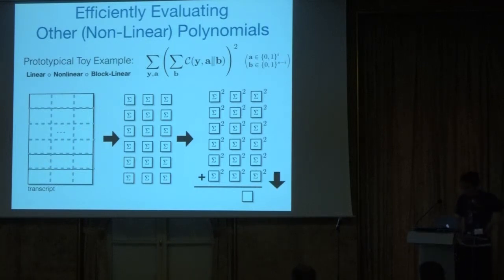Okay, so this is just to make sure that we're all on the same page about what this kind of polynomial looks like. And the algorithm that's actually depicted on this slide for computing this polynomial would not satisfy our efficiency properties because you're actually enumerating many, many things. The space usage would be too high.